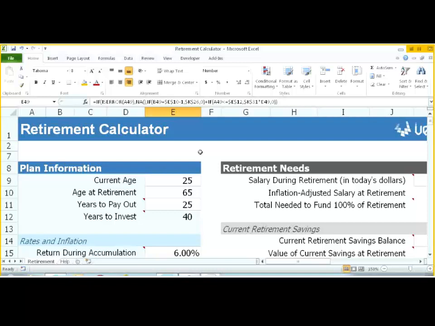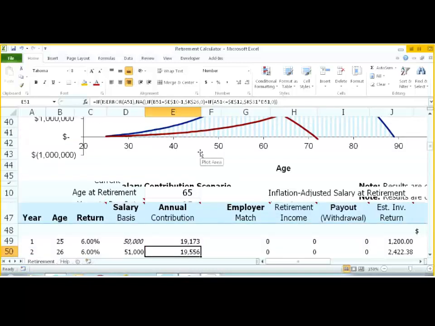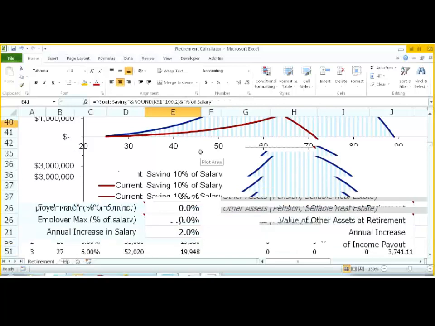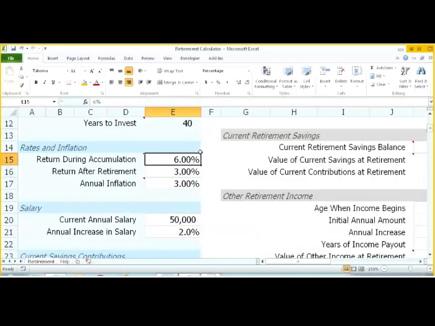And this number 40 is the years between your current age and the time you retire. So that's 40 years to invest. Then they have an entry for return during accumulation, which means while you're working, while you're accumulating your savings. They're saying 6% return on your investment, which is fairly conservative.